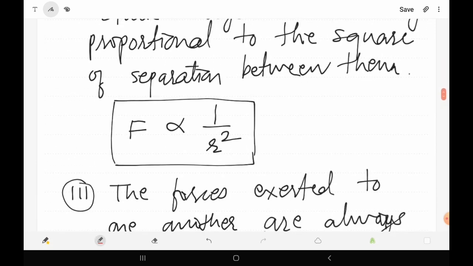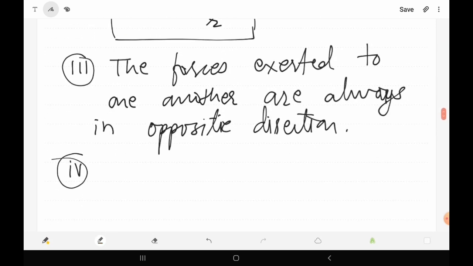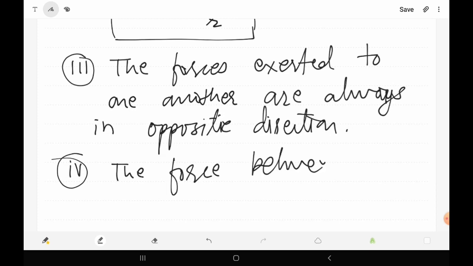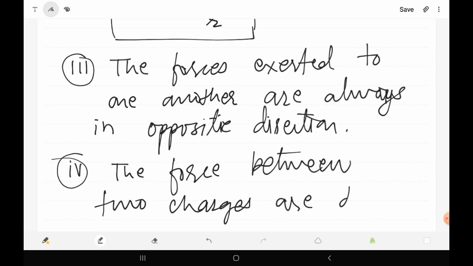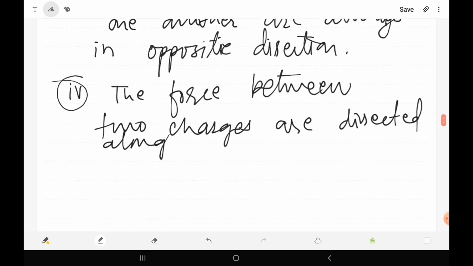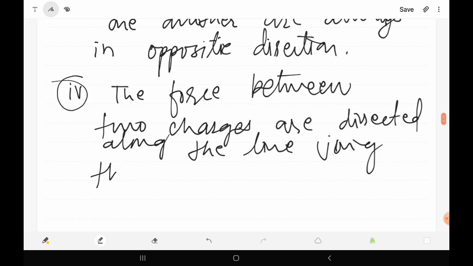So the fourth point is that the force between two charges is directed along the line joining the two charges.